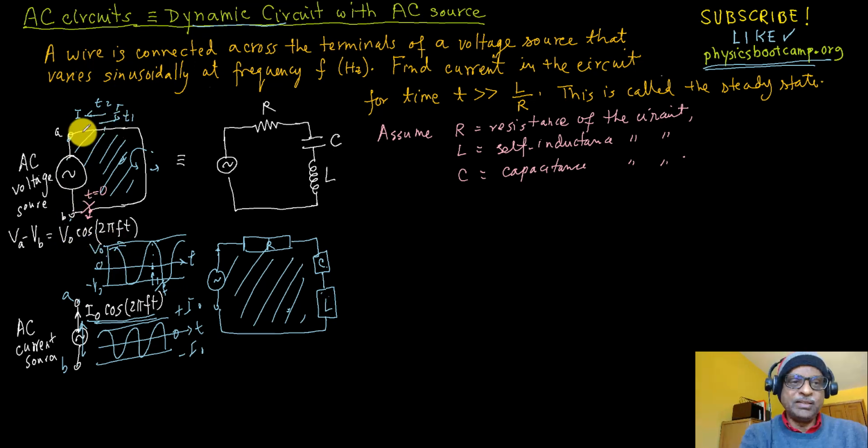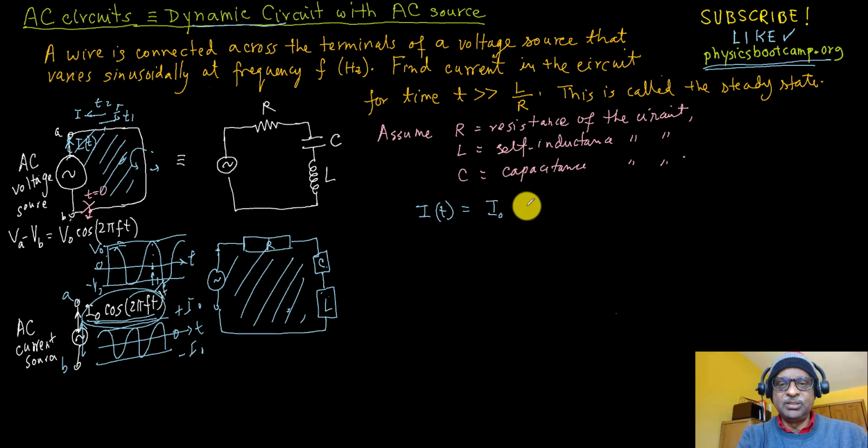But the current that's going through here depends on time, and it's not going to have this form. We are going to find that I of t will have some magnitude, and it's going to be a cosine of 2 pi f t plus some phase.